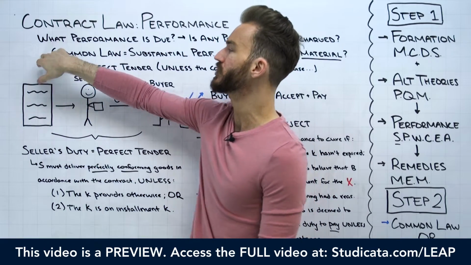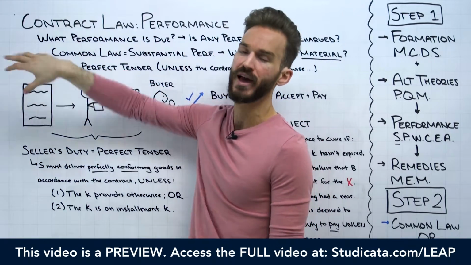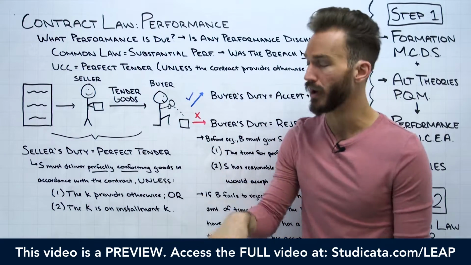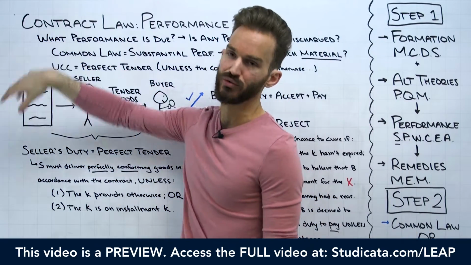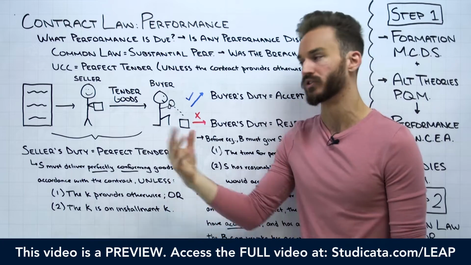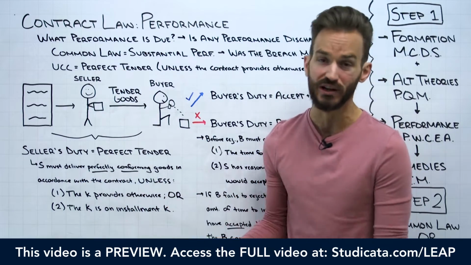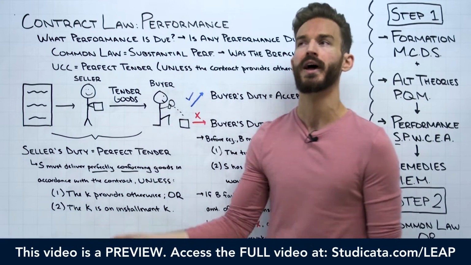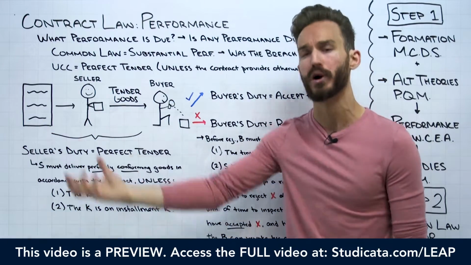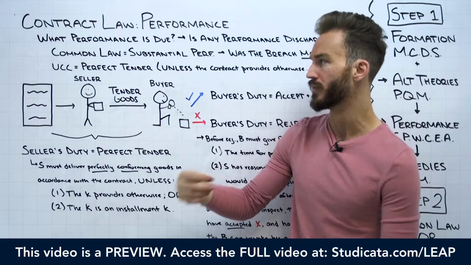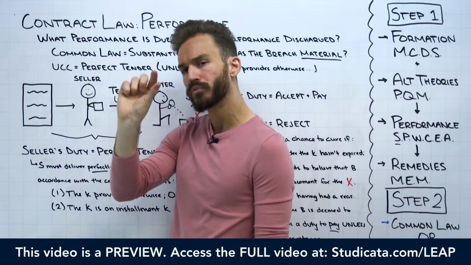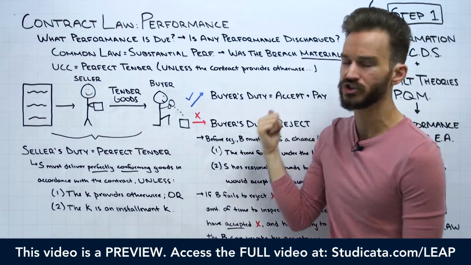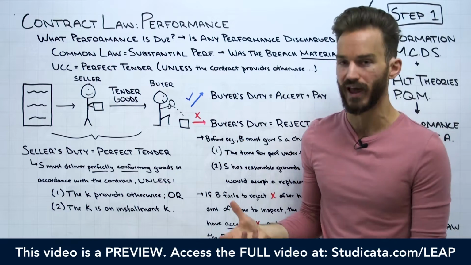So you don't want to get too tripped up by that, right? But it is an important distinction to realize. Any non-performance of a term of the contract is a breach, and there will be recovery available for that, even though in real life you might run into some problems. But for our purposes in law school and the bar exam, even if it's a small breach, right, a non-material breach, there still may be some remedies available for that.